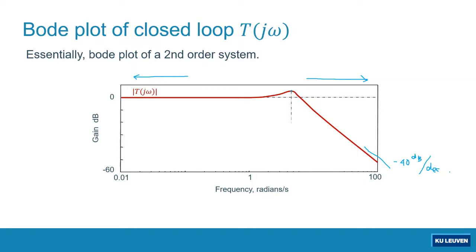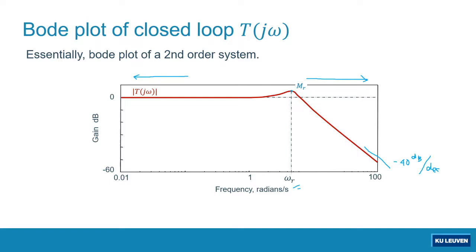The first feature is omega r. What is omega r? Omega r is the frequency for which the magnitude plot will be maximum. Omega r typically is more or less close to omega n, close to the corner frequency.